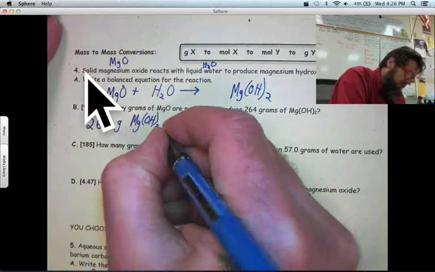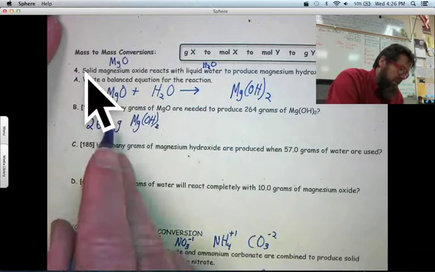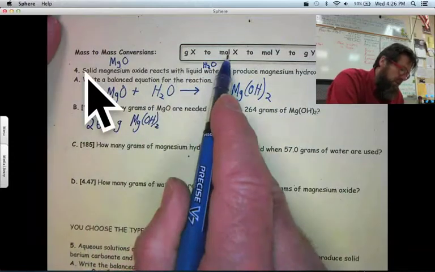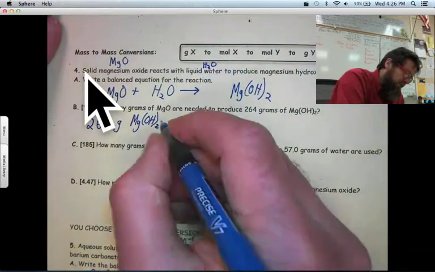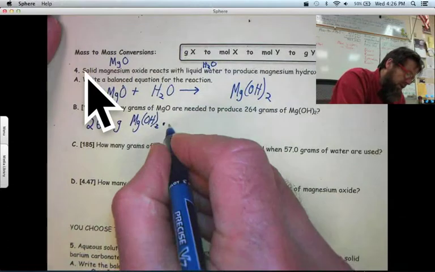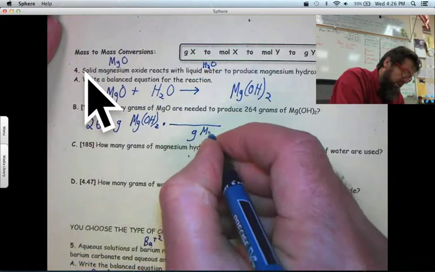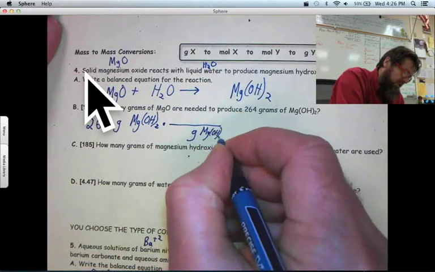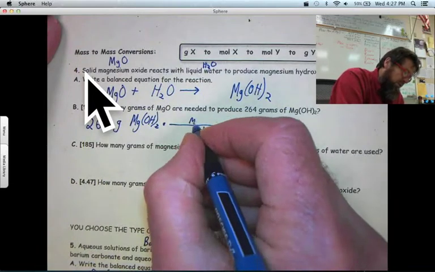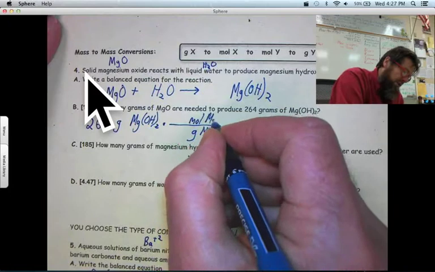We're going to go from grams of X to moles of X. That's our first conversion factor, out of grams of Mg(OH)2 into moles of Mg(OH)2.